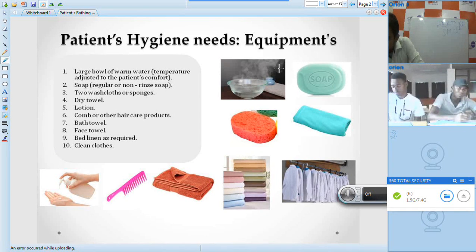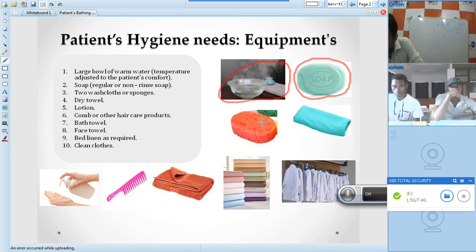You can see here, this is the bowl with warm water. This is soap. This is a sponge which is used for scrubbing the body. This is the linen which is used in case the patient is not able to leave their bed or during giving the bed wash.